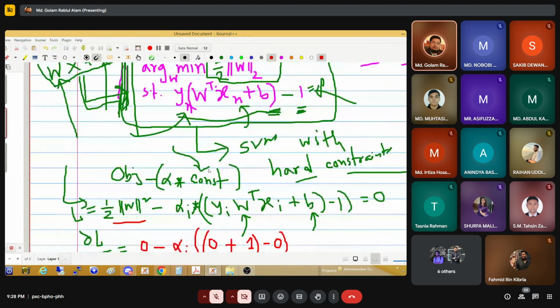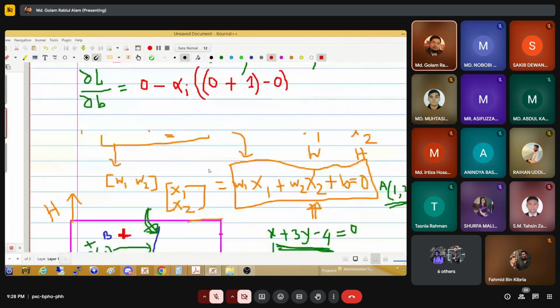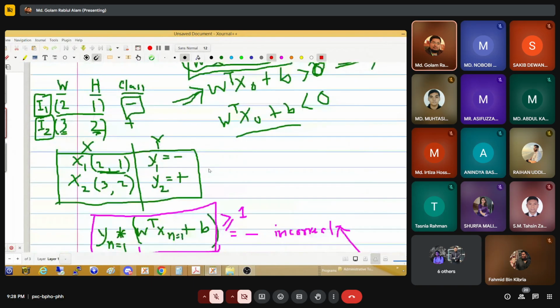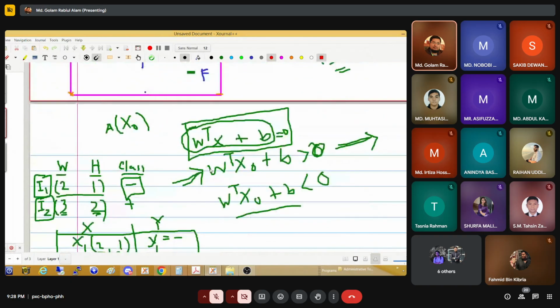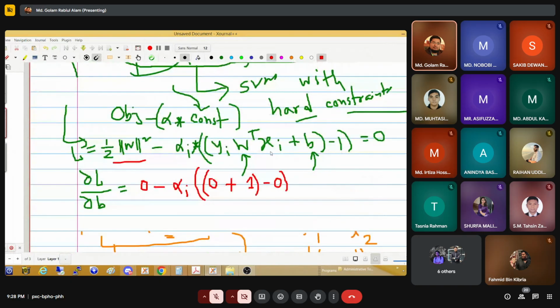We missed one parenthesis here, and another parenthesis we have to put here. W transpose X plus B, then this is Y_i, and then the negative one. Okay, so that means like this way.